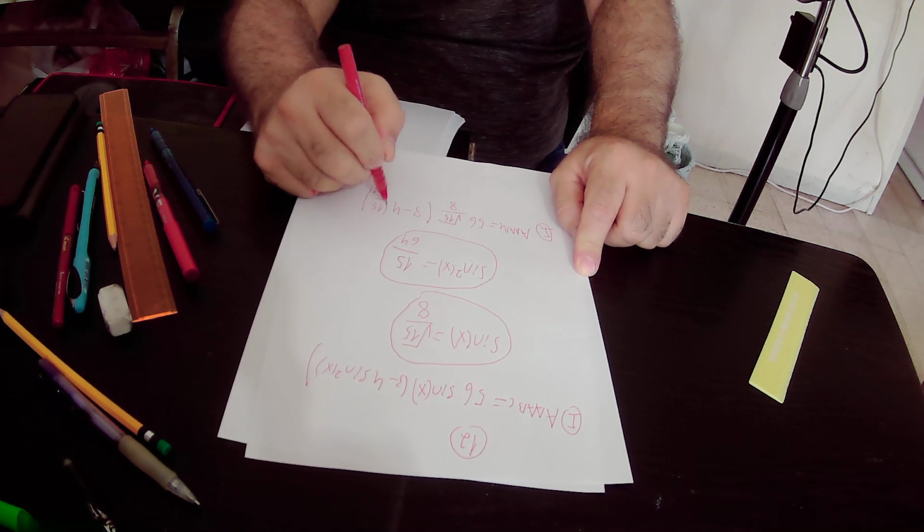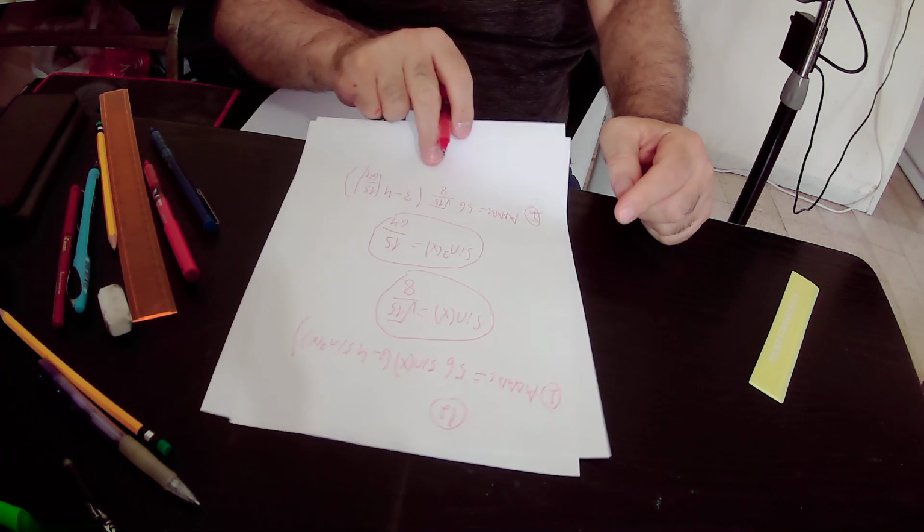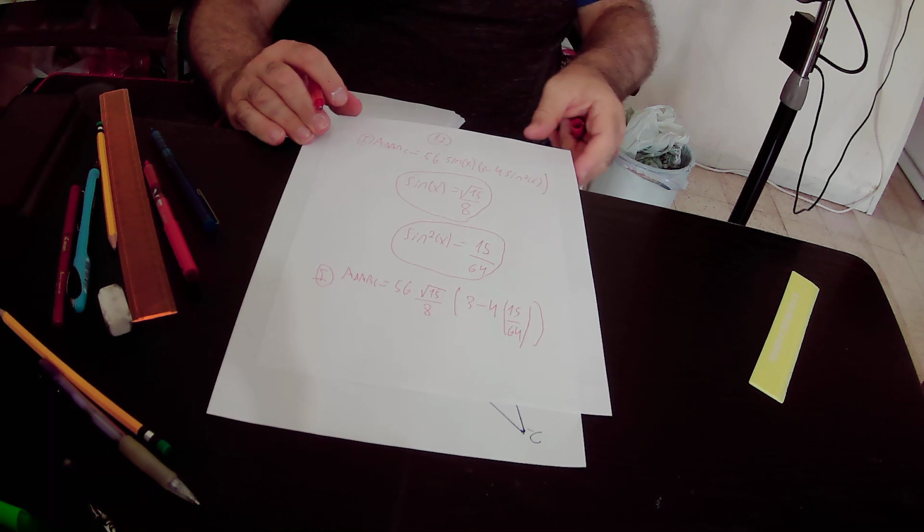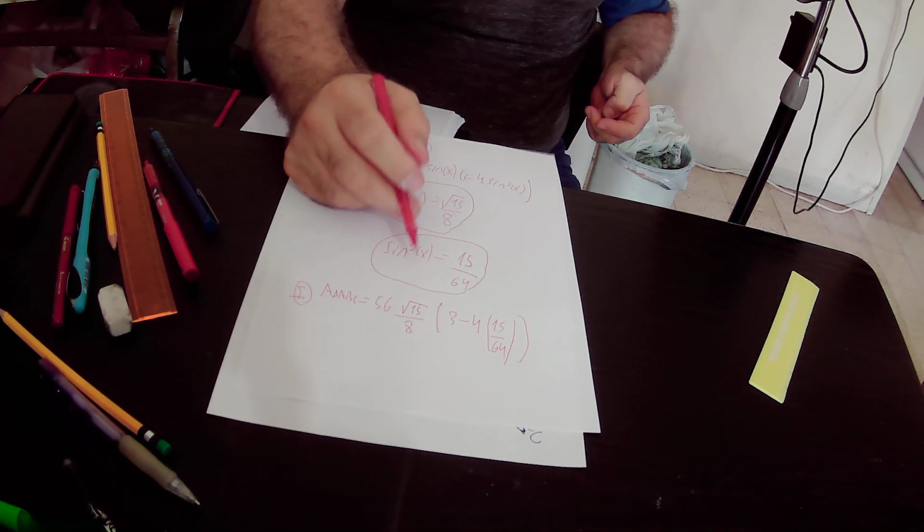So in total we got that the area of triangle ABC equals 56 times root 15 over 8.